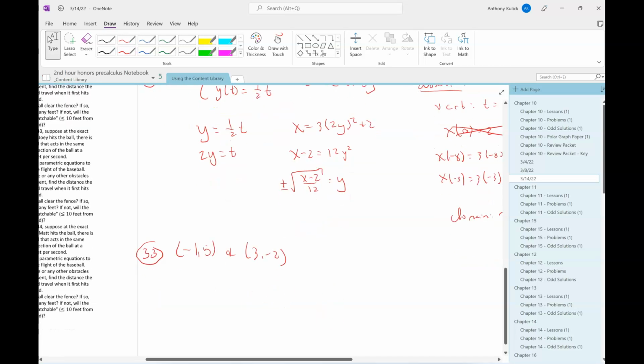So the way I would do this is I'm going to use my vector equation for a line. Remember, R0 is a point vector, so it doesn't matter which one of those we use. For vector v, we're going to do the head minus tail rule.